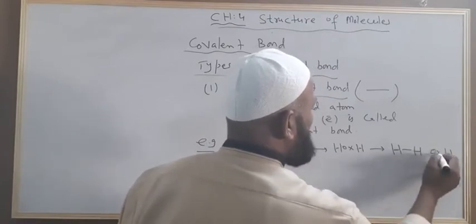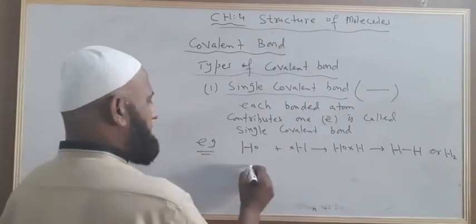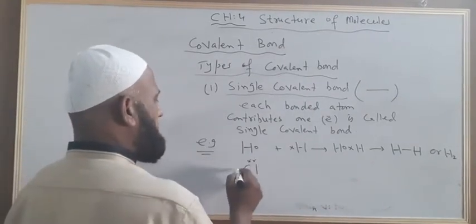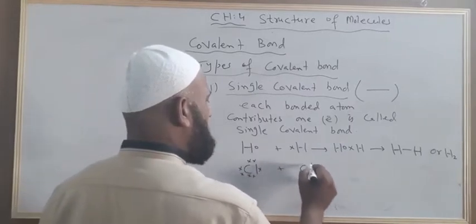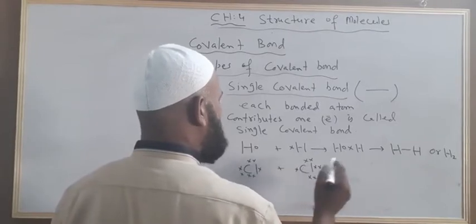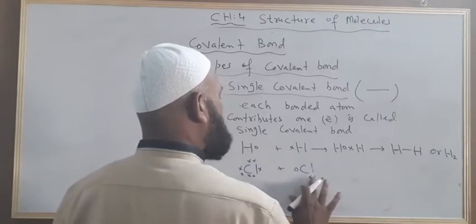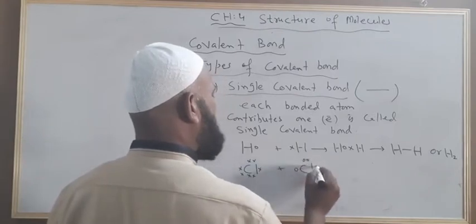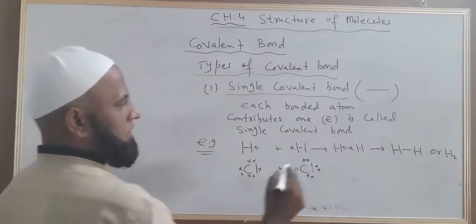Similarly, we have other examples. For example, chlorine can also make one, because there are 7 electrons in chlorine, hence it can also share. For the sake of differentiation, we may draw dot and cross.